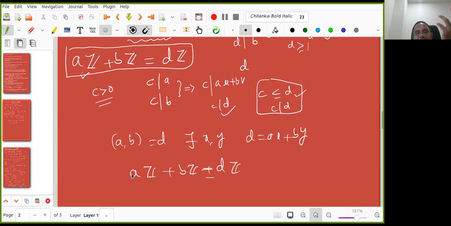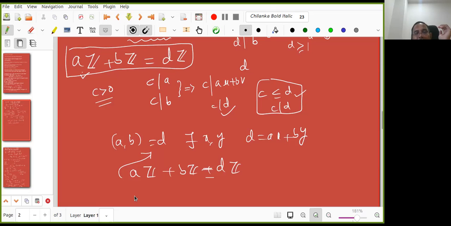If AZ plus BZ is equal to DZ, then D is equal to AX plus BY, easy to see. But the converse is not true, in fact not true in general. So that's a very interesting point. We can use any one of them when we need Bezout's identity.